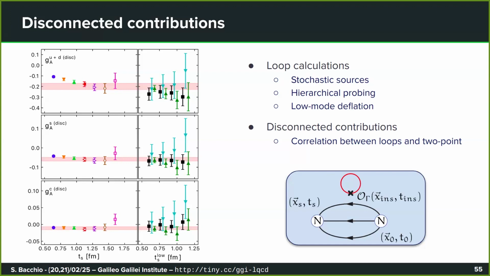If you do the contraction, these pairs can either contract as u bar u at y and x and give you the standard connected diagram.